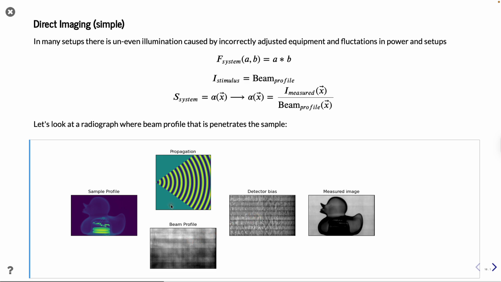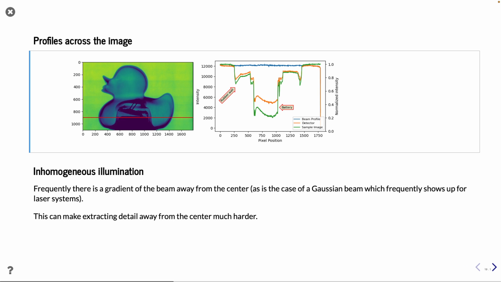These two are actually the images, or reference images, from one of my detectors. It looks pretty crappy actually, but after normalization, you can get this nice image out of this combination here. And then we can also look at different profiles across this rubber duck.